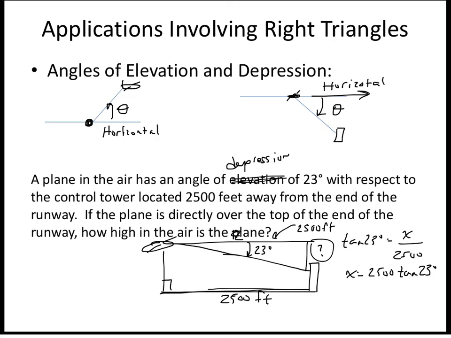So, of course, we'll get out a calculator for this to be able to figure out tangent. We'll type in 2,500 times tangent 23. And always make sure that if you're using degree settings, you have it set up to be in degrees, because it might not be.